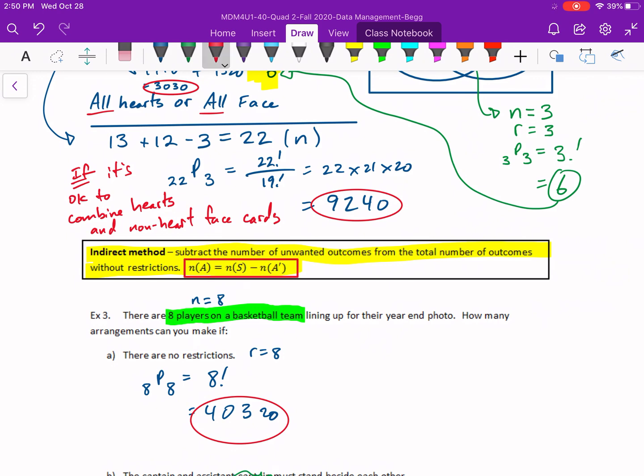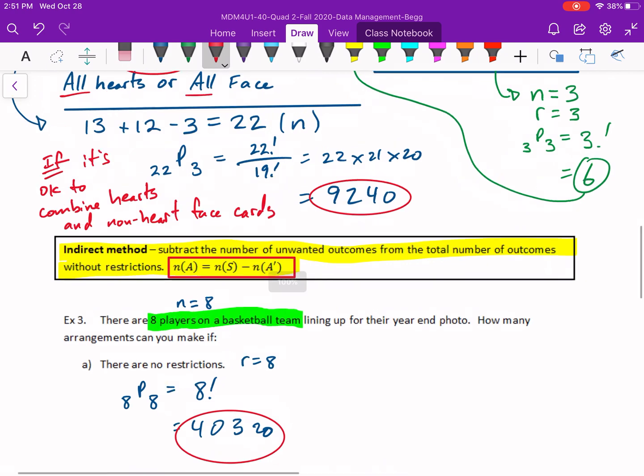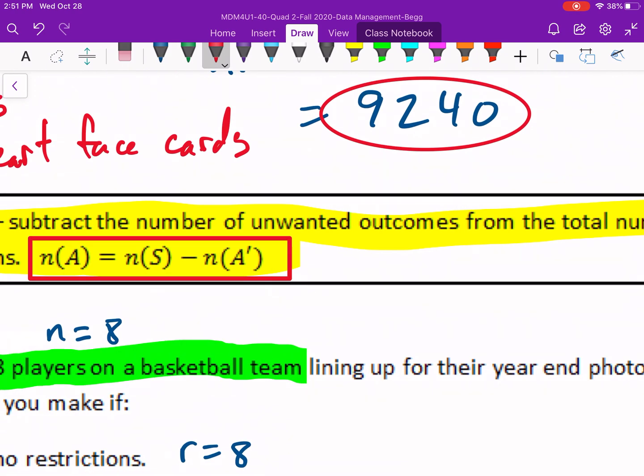It says the number of ways of counting wanted outcomes is equal to the number of total ways of doing something. That's n of s. Remember, that's just the number in the sample space. That's everything. Minus the number of unwanted ways. See, we've seen this before. This A with an apostrophe beside it is called a prime, which is the complement.